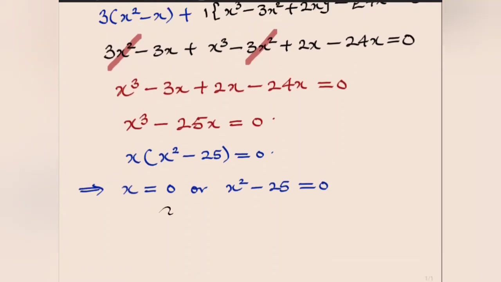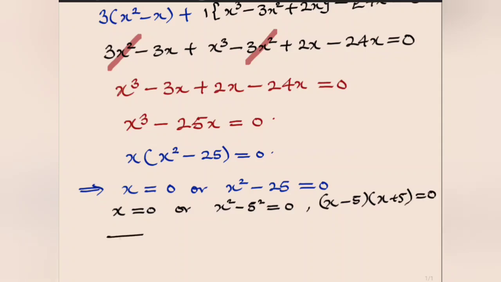From here we can say that x is equal to 0, or x squared minus 5 squared is equal to 0. So we can easily say that x minus 5, using our difference of two squares, x plus 5 all equal to 0. Finally we say x is equal to 0, or when we solve this, x is equal to 5 or x is equal to negative 5.